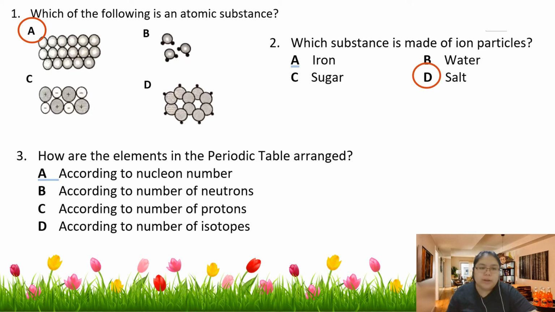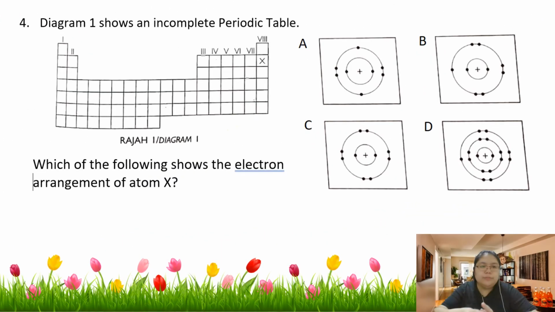Okay, number 3. How are the elements in the periodic table arranged? How do we arrange them? We arrange them by following the number of protons, right? So we go according to the proton number. Okay, number 4. Which of the following shows the electron arrangement for atom X?